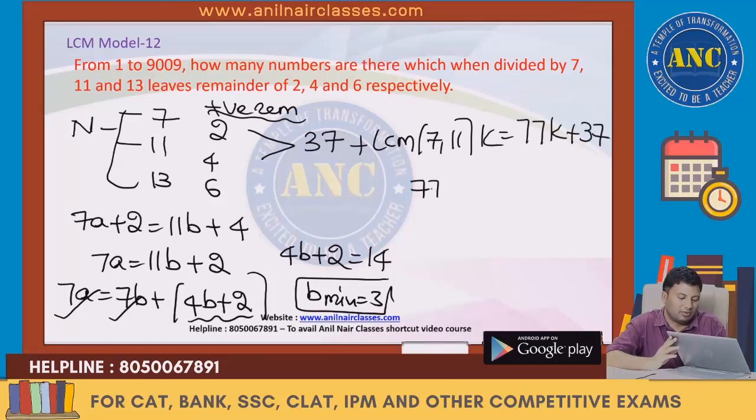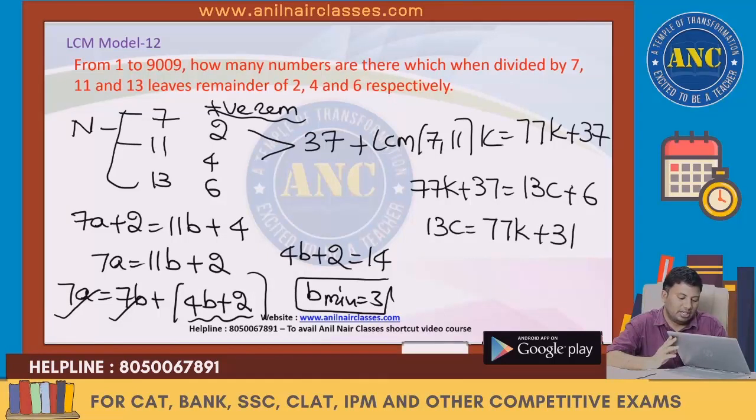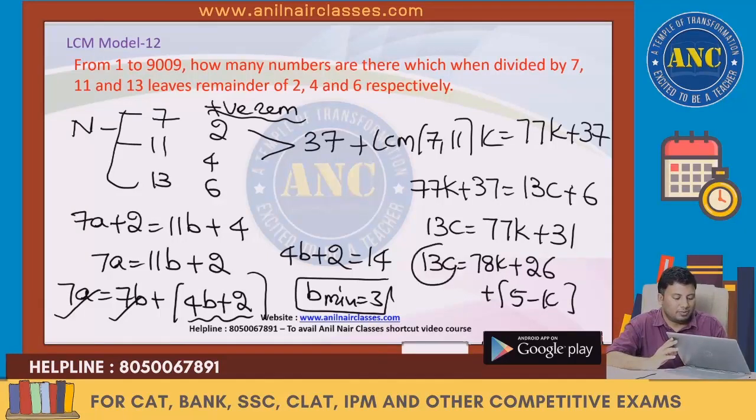Equate with the third one. 77k plus 37 is 13c plus 6. 13c is nothing but 77k plus 31. 13c is 78k plus 26 plus 5 minus k. Divisible by 13.